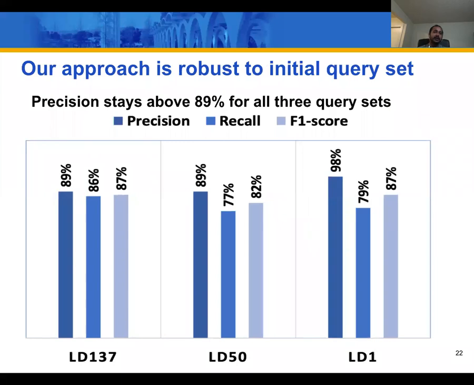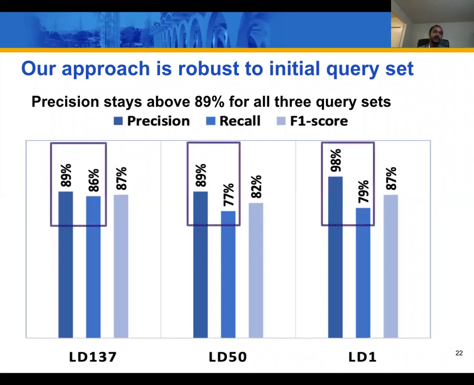And we are showing that our approach is robust to the initial query set, because for all these datasets we have got more than 89% precision. And for the LD1 dataset, the precision is 98%. It's because for the query set Q1, there was just one word, malware.